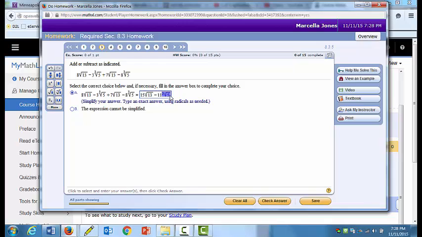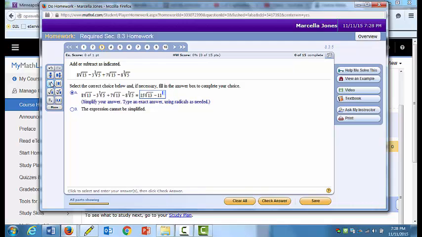The correct way to enter the cube root of 5 is to select the nth root template. And I just want to show you too. Let me go back before I do this.